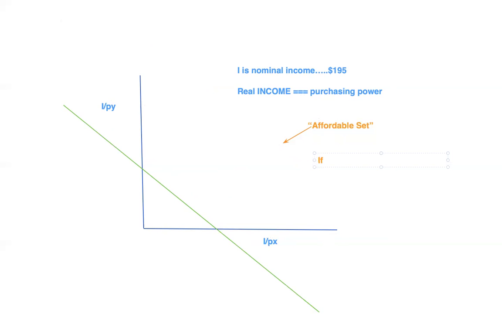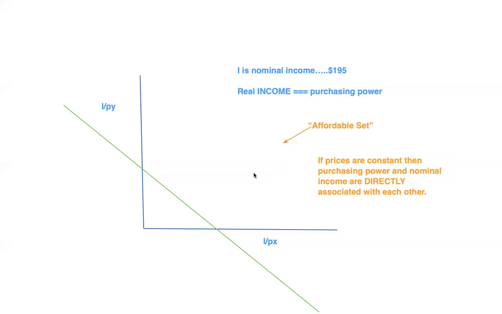If prices are constant, then purchasing power and nominal income are directly associated with each other.